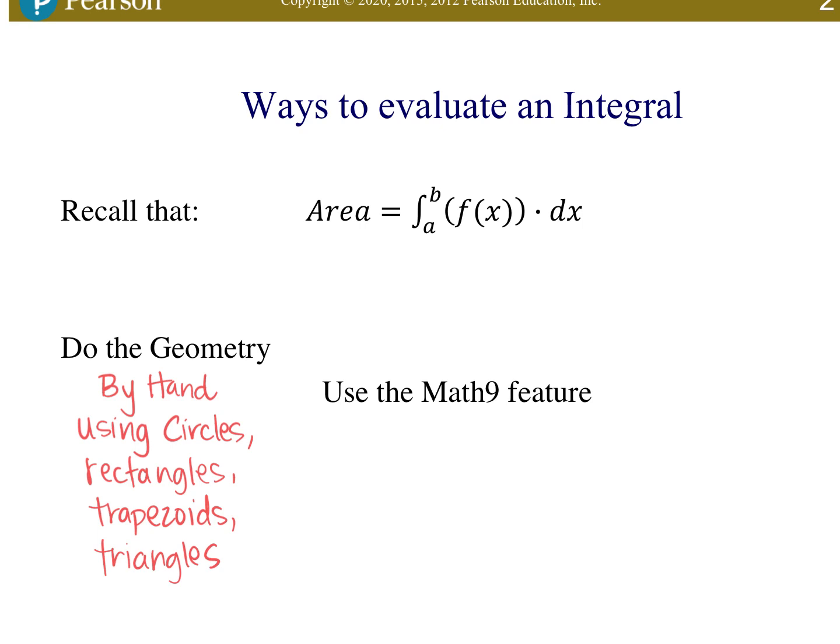All right, well, your calculator is to the rescue on this. We're going to use the Math 9 feature on our calculator. So this is using the calculator when geometry doesn't fit the situation.